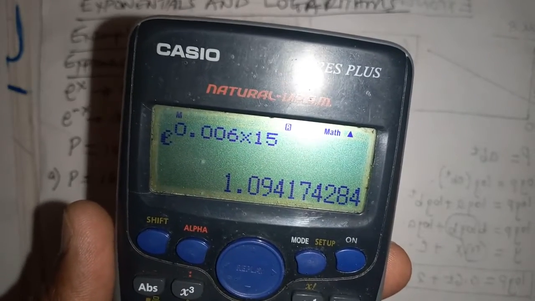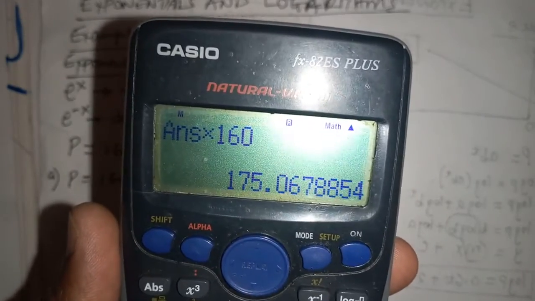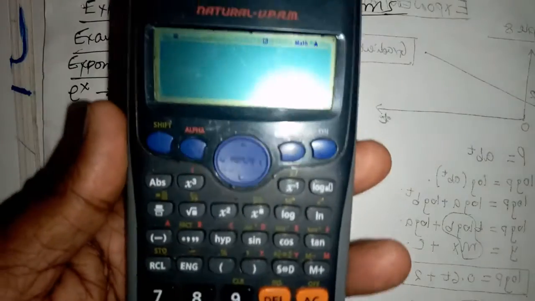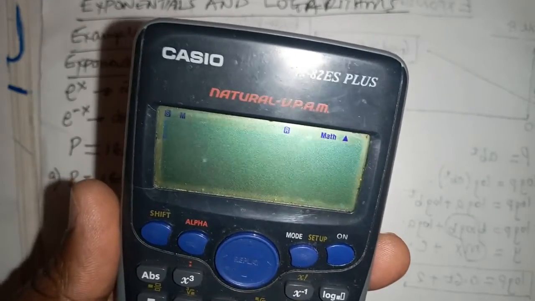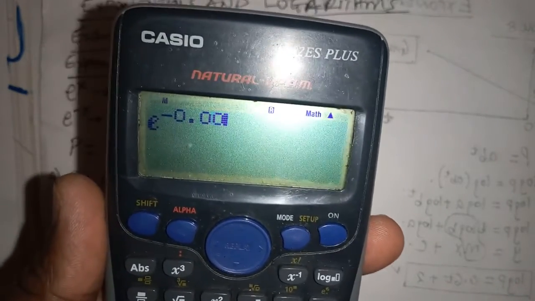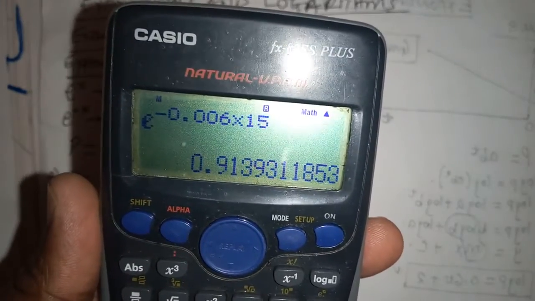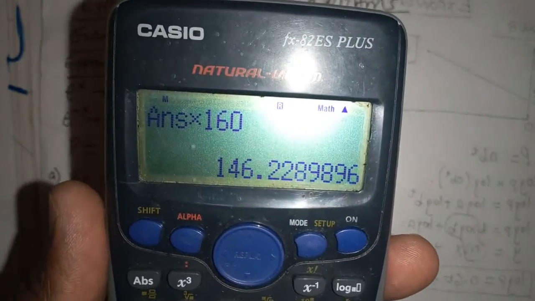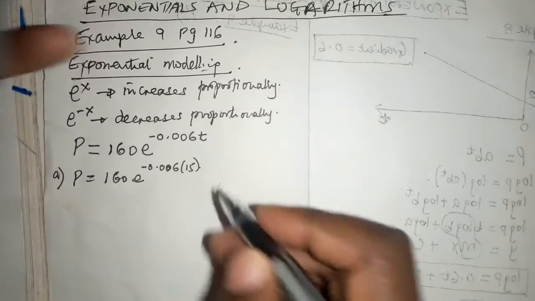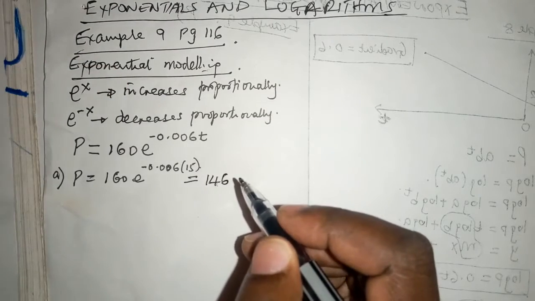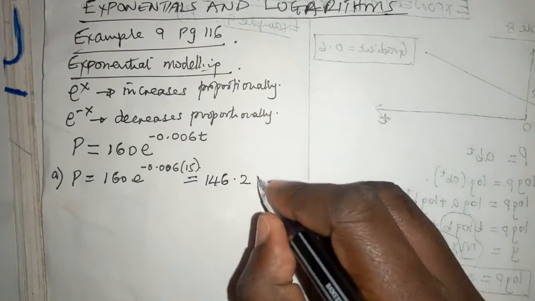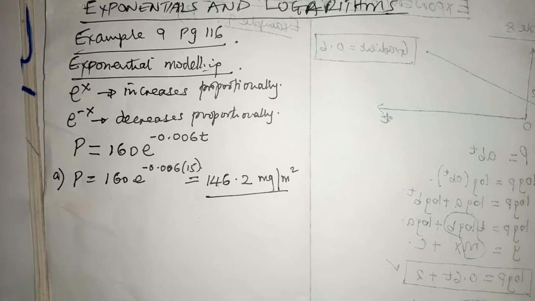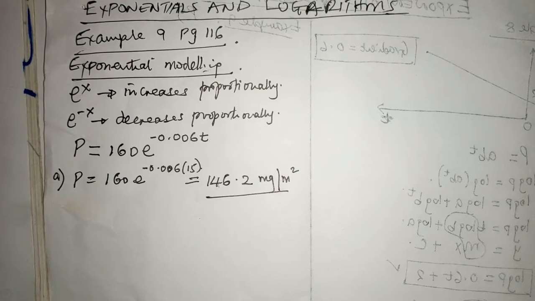When you multiply the exponential by the coefficient of 160, you have 146.2 milligrams per meter square, and that is simply the density of the pesticide after 15 days of application.